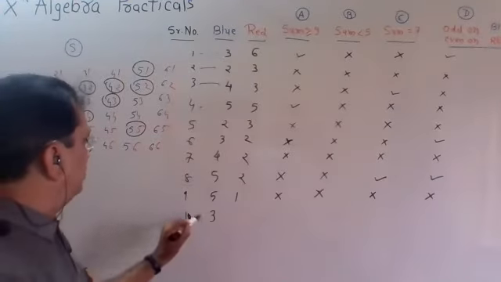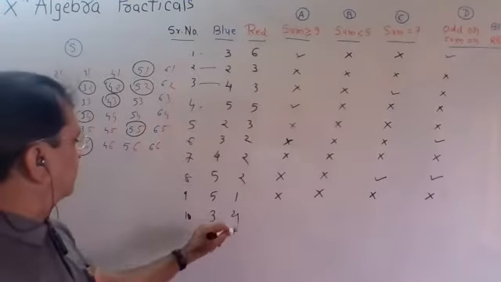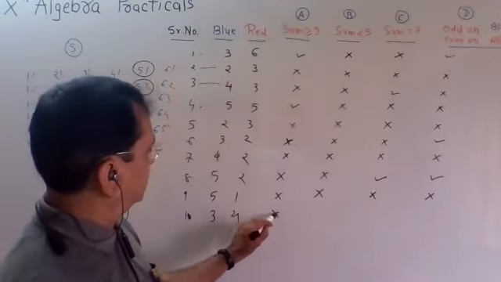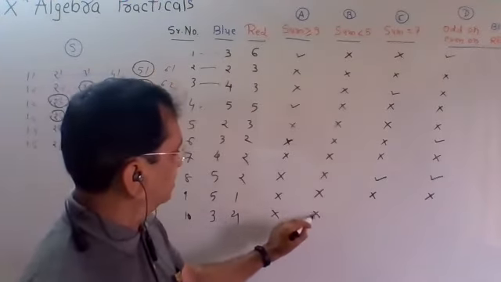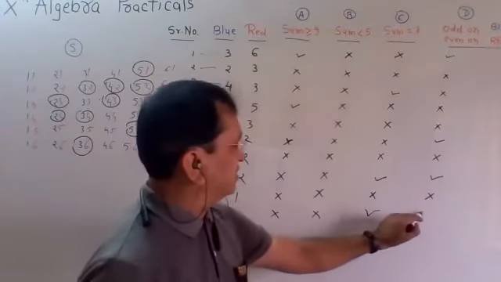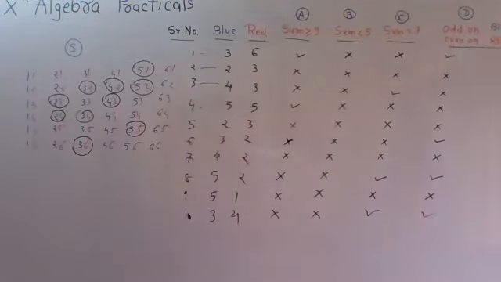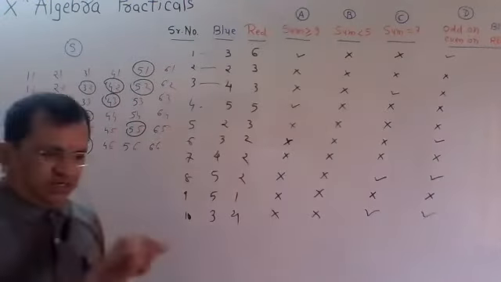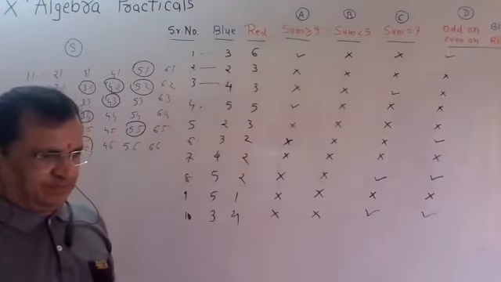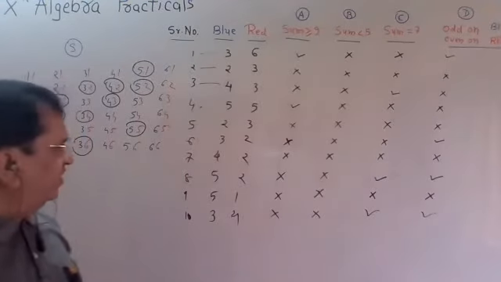That is on blue 3, red 4. So 4 plus 3 is 7. Not greater than 9. Not less than 5. Is it 7? Odd and even? Yes. Write this much. It means you have to just mark and write this. 10 we have written.